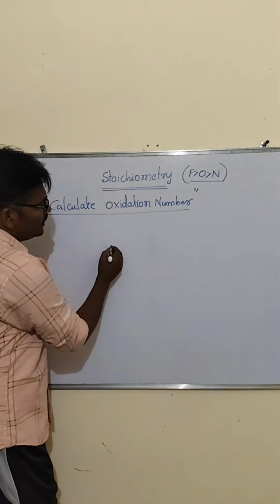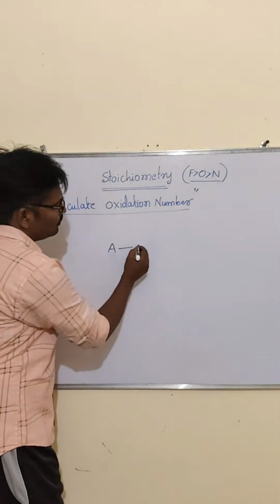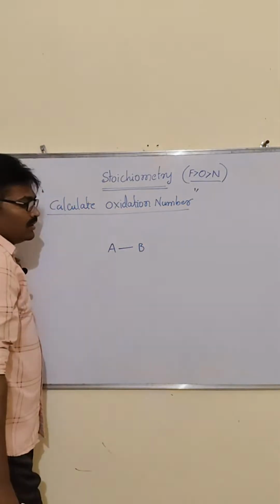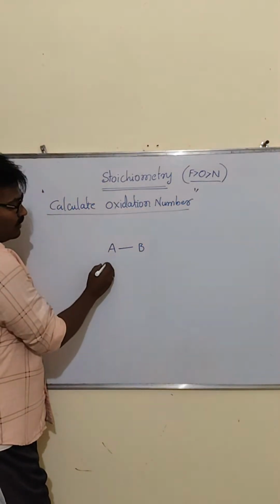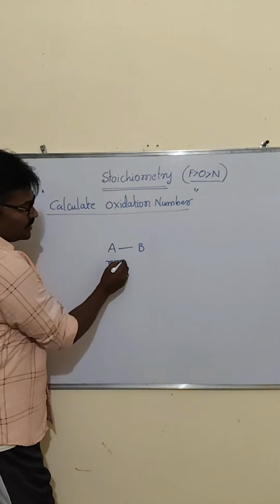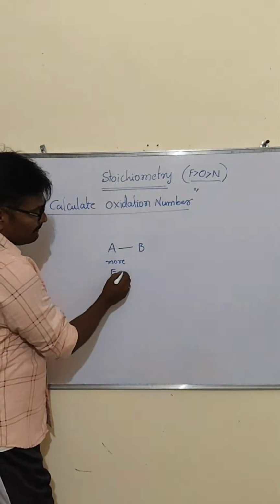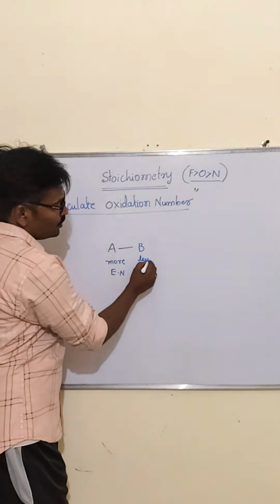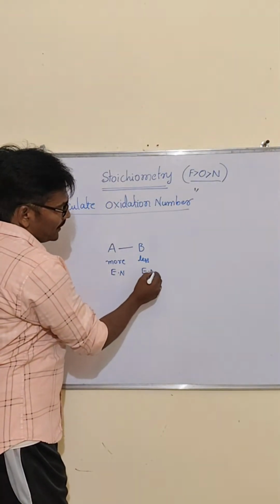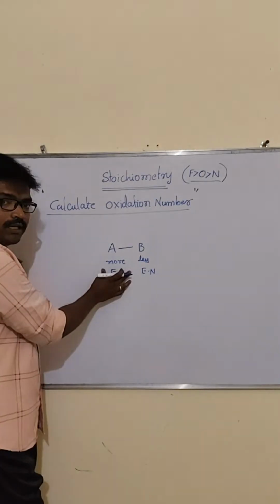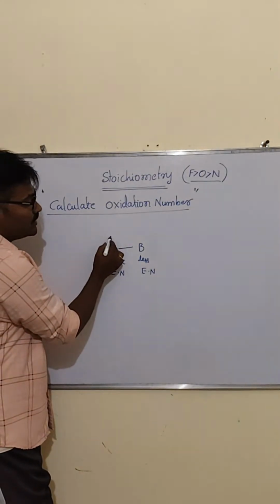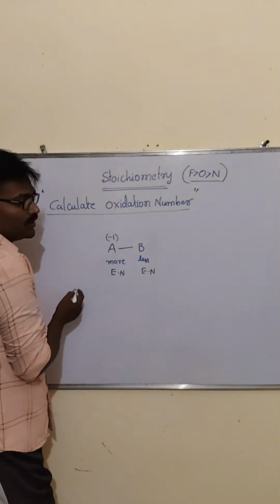Here, in case between A and B a bond is there, which is the most electronegative atom? For example, take A as most electronegative, then B is less electronegative. The more electronegative atom, you have to take as negative charge, -1.